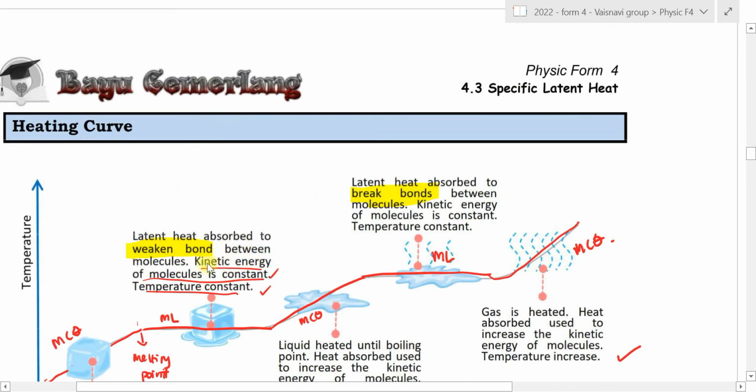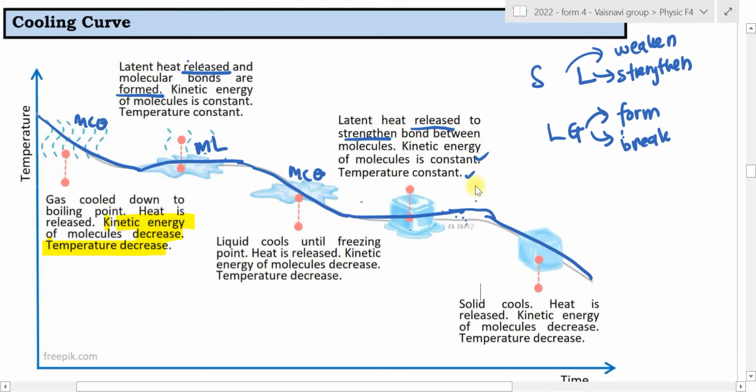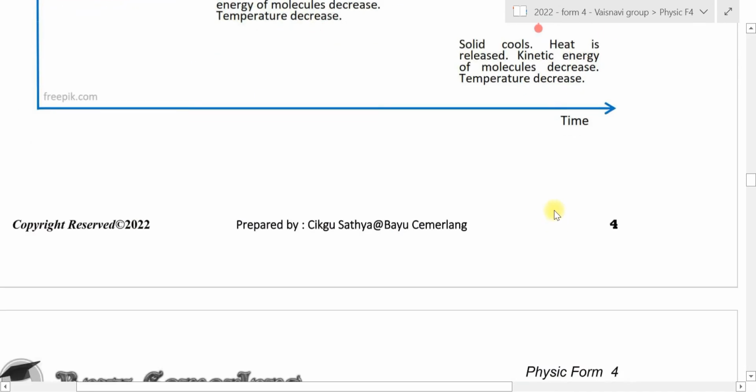Here also, bond between molecules. The bond between molecules is the same as molecular bond, only the grammar is different. So if you are not familiar with the bond between molecules, just use molecular bond. That's it. Latent heat absorbed to break the molecular bond. Easy. Bond between molecules and molecular bond is the same thing.